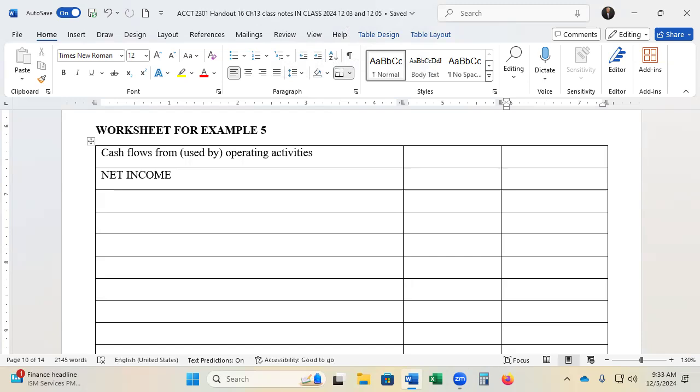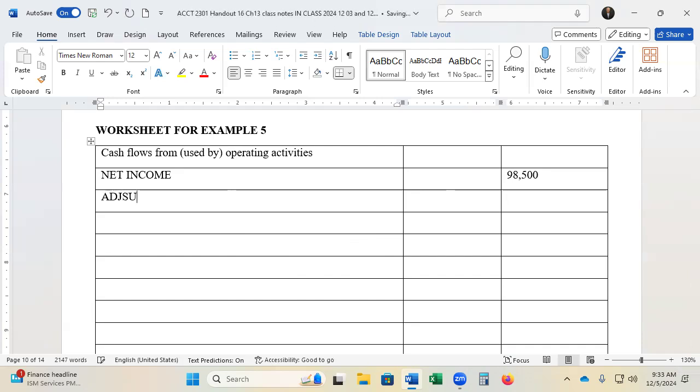This is a layup. You guys know this. Your net income is from your income statement, right? Look at page 9. So what's our net income? 98,500, correct.